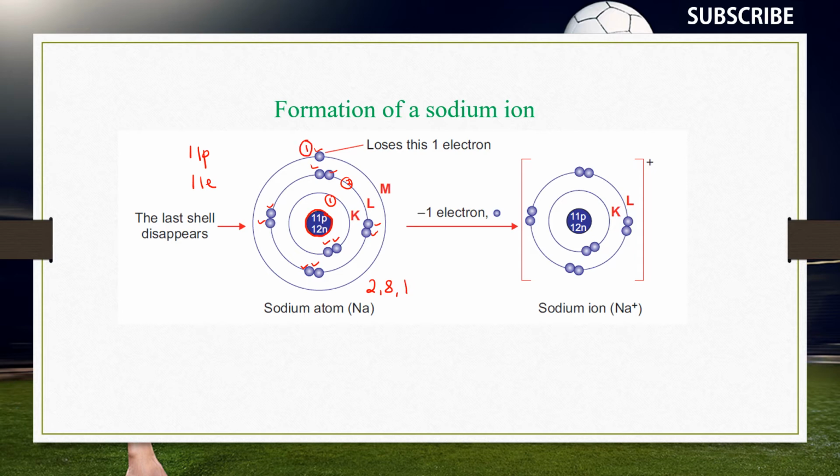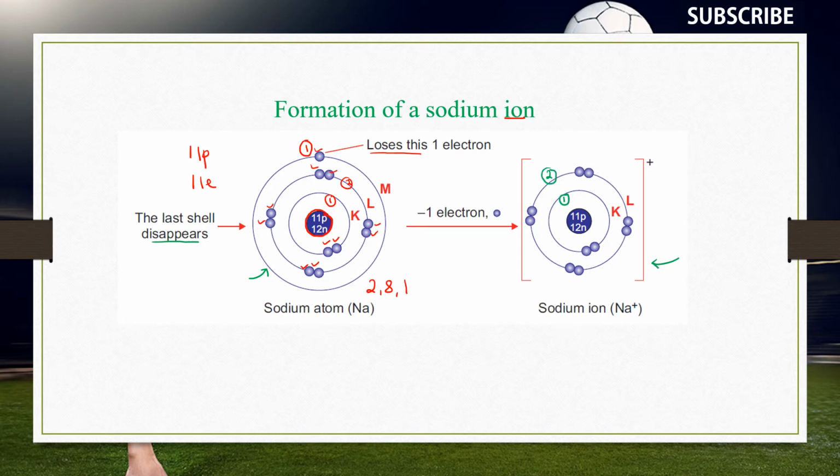However, during the formation of the ion, we shall realize that this 1 electron is lost. And when this 1 electron is lost, that means this outermost energy level will have to disappear because we don't have any electron present here. That's why on our right hand side, we shall realize that we actually have 2 energy levels, 1 and then 2.